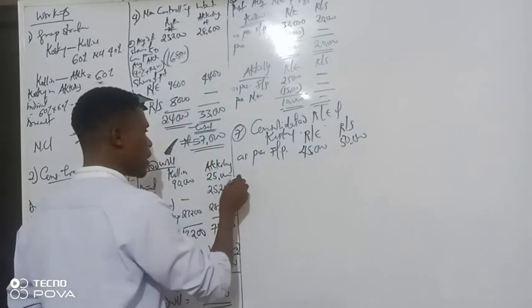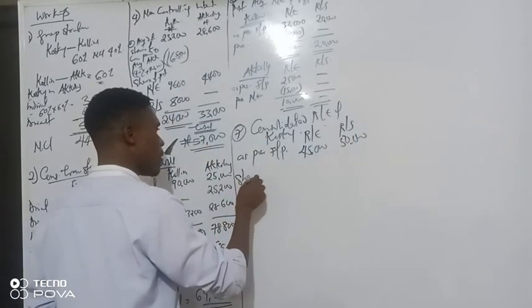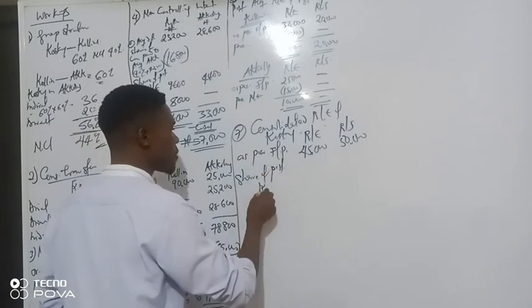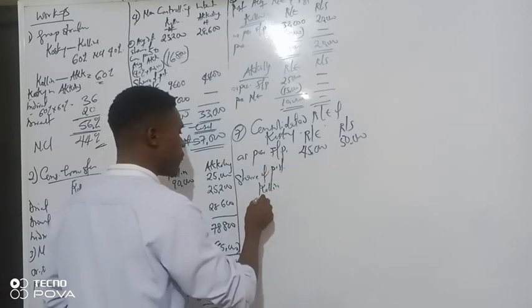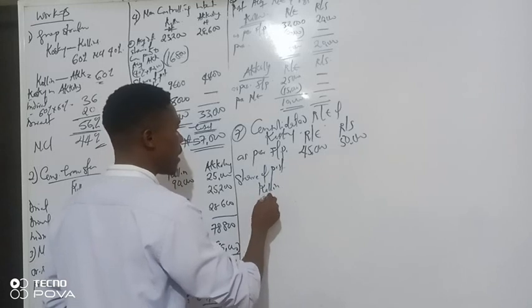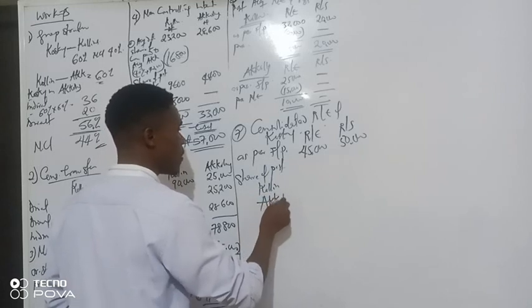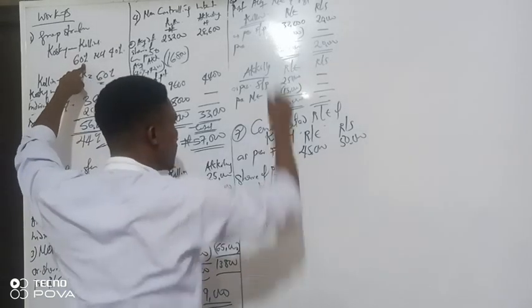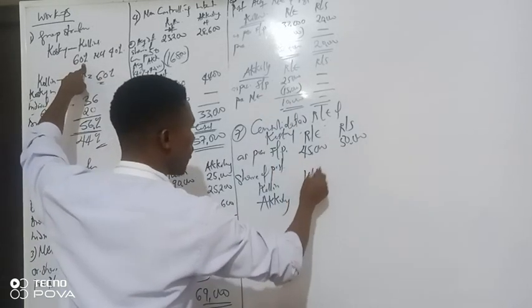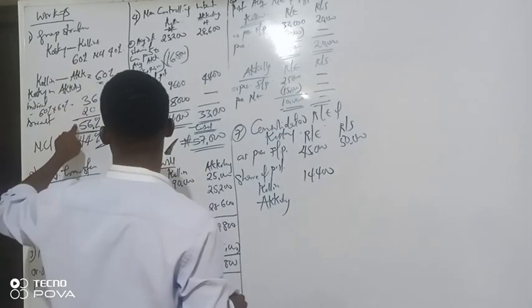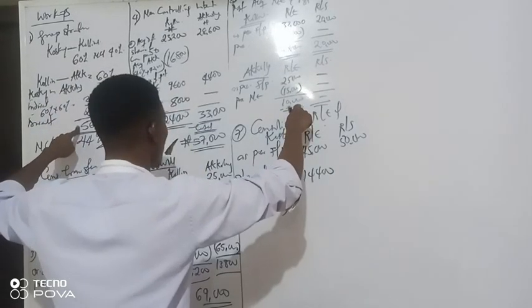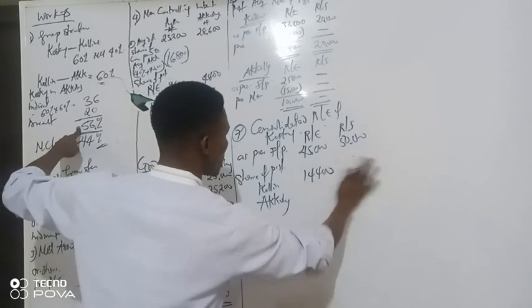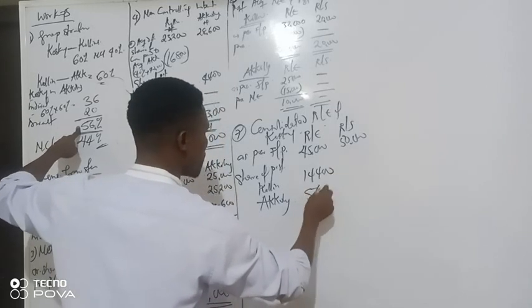Share of post-acquisition: for Collins, 60% of 24,000 is 14,400. Then 56% of 10,000 is 5,600.